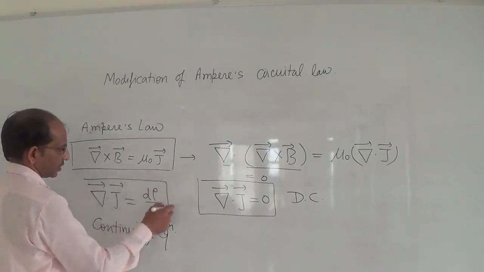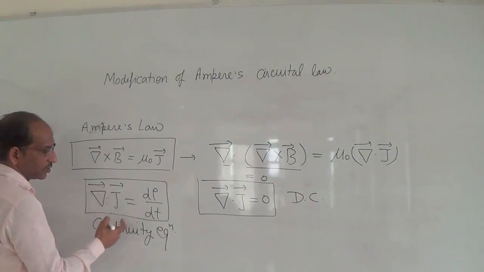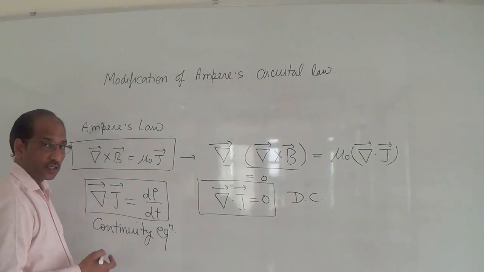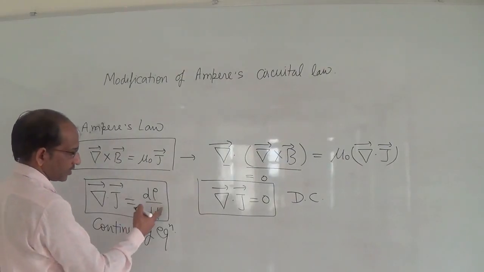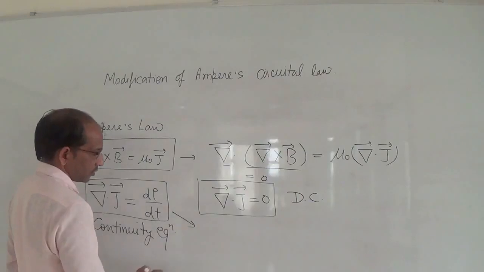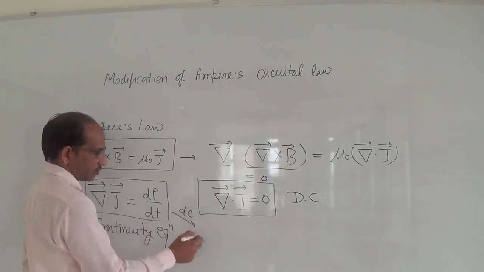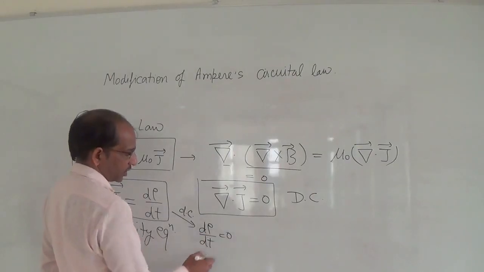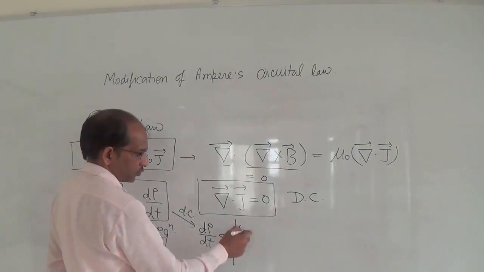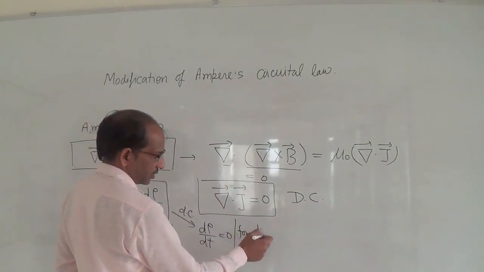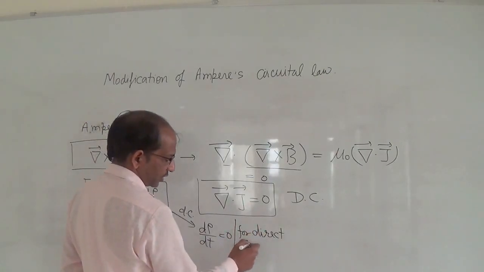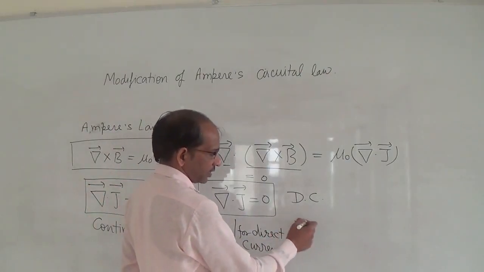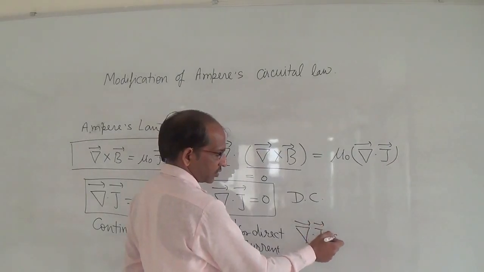If in this continuity equation the nature of the current is direct, then d rho upon dt for direct current will be equal to 0. So d rho upon dt is equal to 0 for DC current, and one can find here that del dot J is equal to 0.